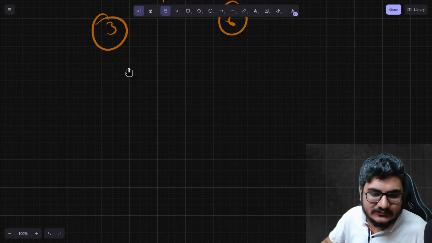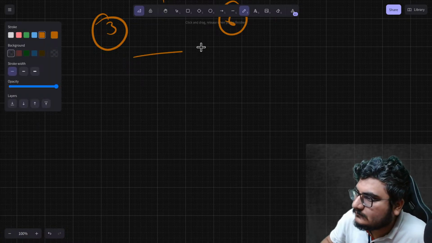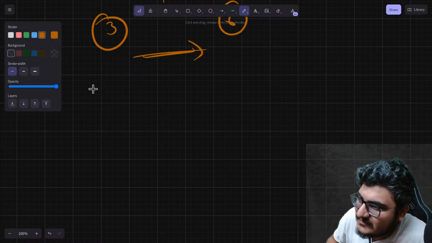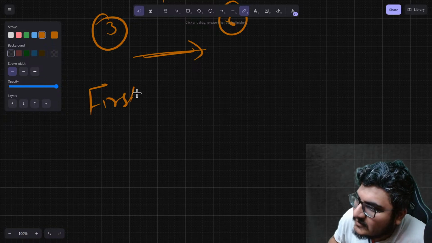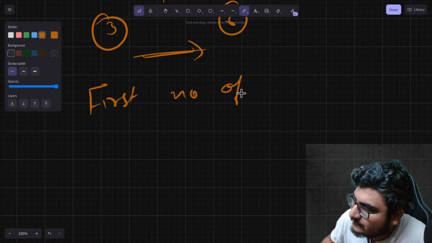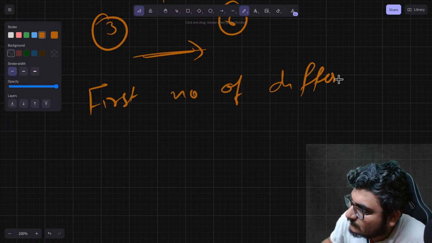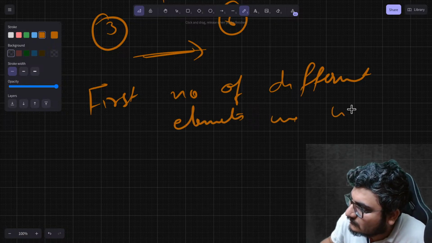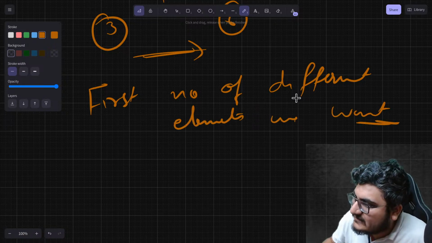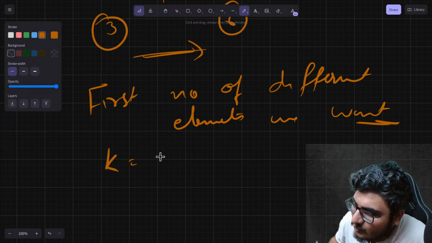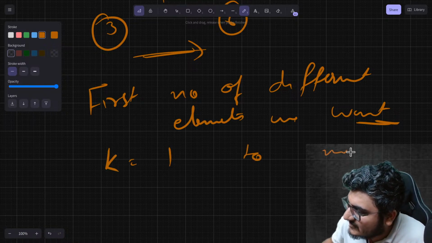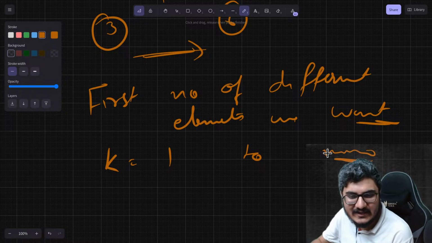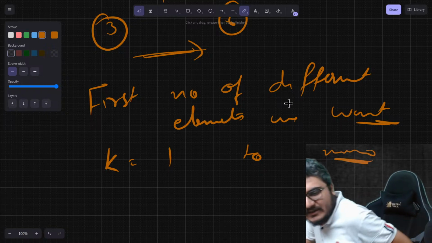Good call out, Swastik. Yeah. So what I will do is first fix the number of different elements we want. We can iterate this from k equal to 1 to the maximum distinct count we have.